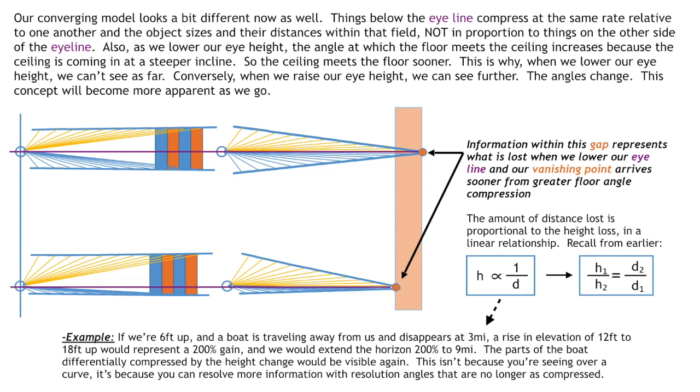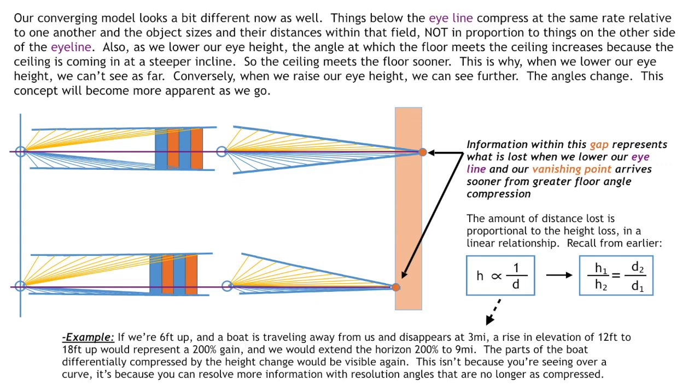So recall from earlier that the height was inversely proportional to the distance, and h1 over h2 equaled d2 over d1. Here's an example of this relationship. If we're 6 feet up and a boat is traveling away from us and disappears at 3 miles, a rise in elevation of 12 feet to 18 feet up, so we're adding 12 feet to our 6 foot elevation to now 18 feet, would represent a 200% gain, and we would extend the horizon 200% to 9 miles, again 1 to 1.